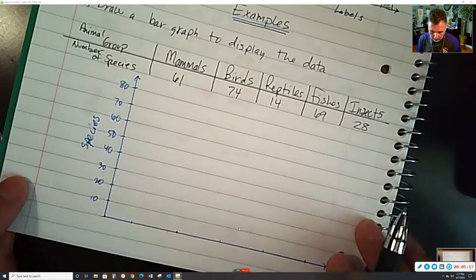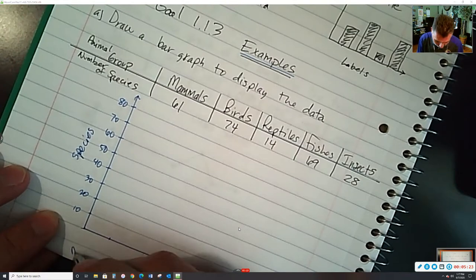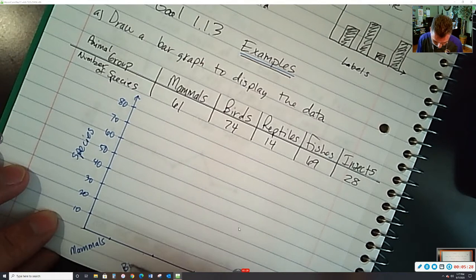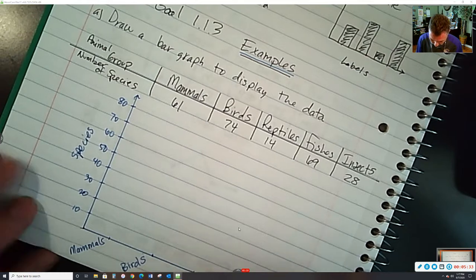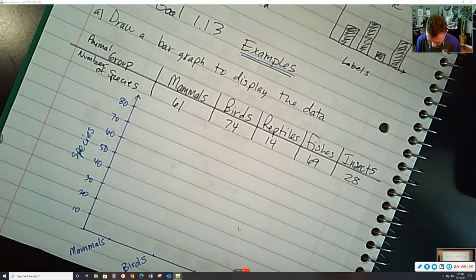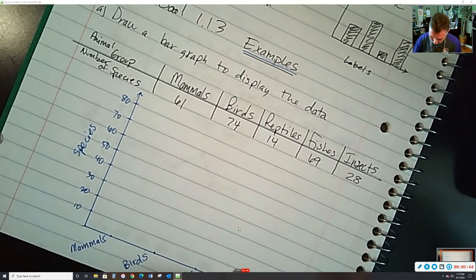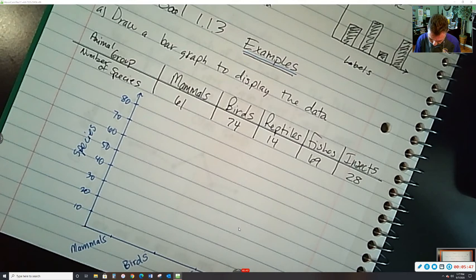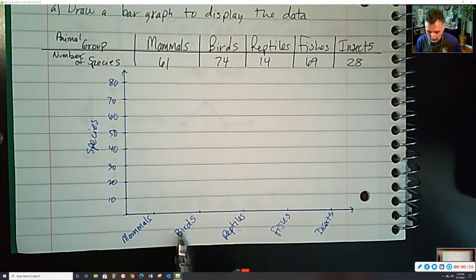So I'm going to turn my paper for a second, and then here just write mammals, birds, reptiles, fishes, insects. I misspelled insects. Okay. So there we go. That's what I got going across the bottom.